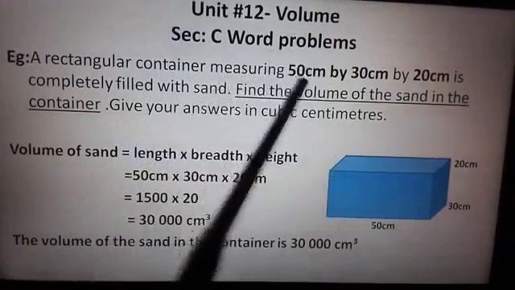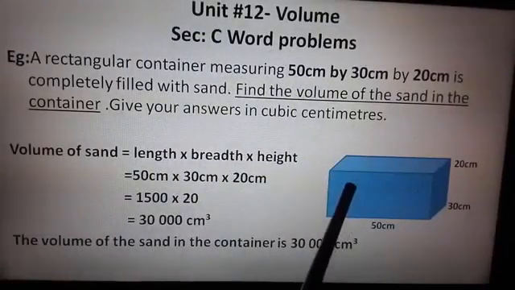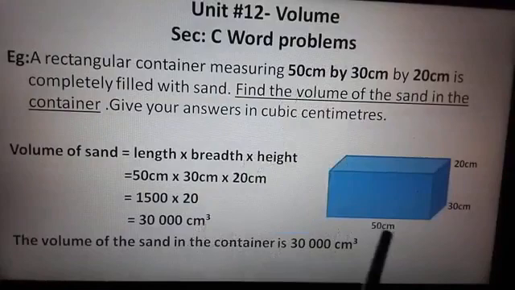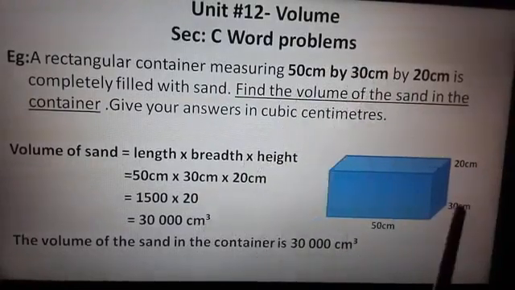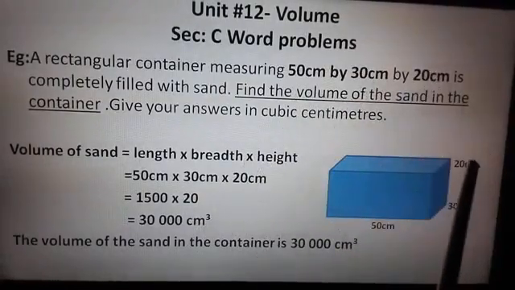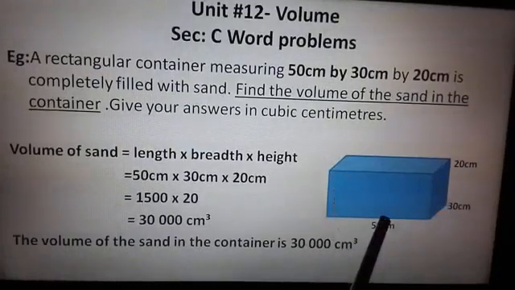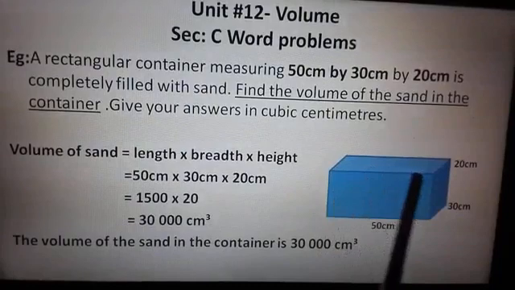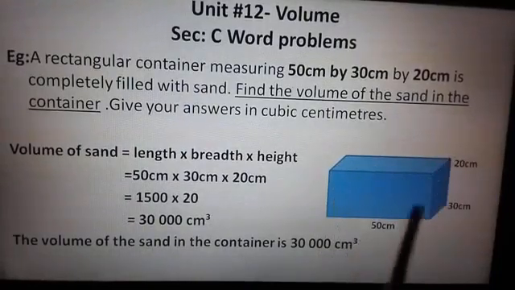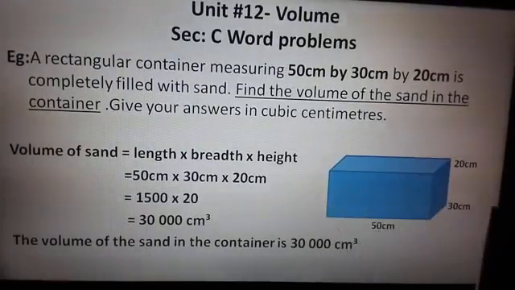So here, I drew the figure. You can see the length 50 centimeters, breadth 30 centimeters and height 20 centimeters marked here. Now you can check this figure and the measurements. It shows it's a cuboid.